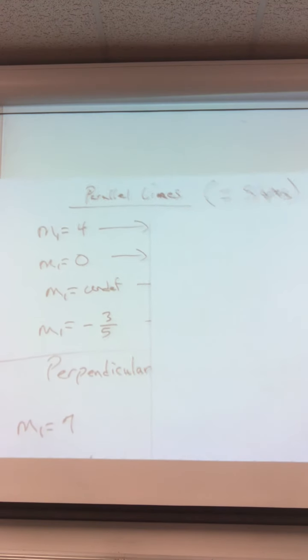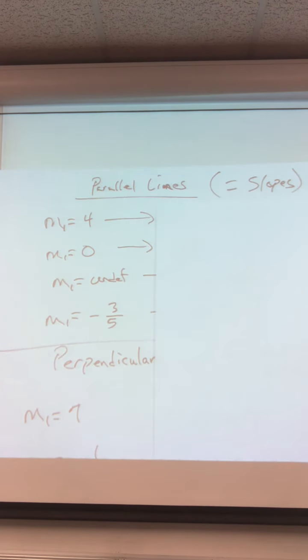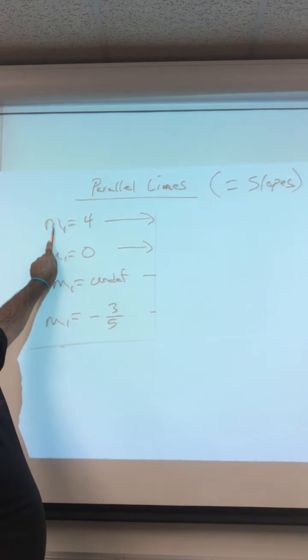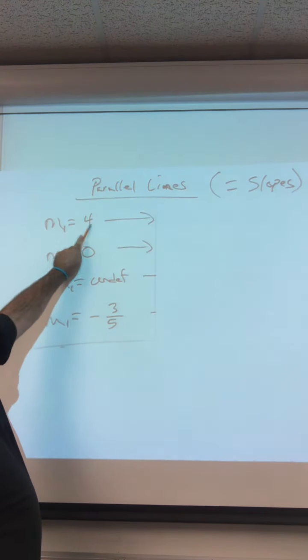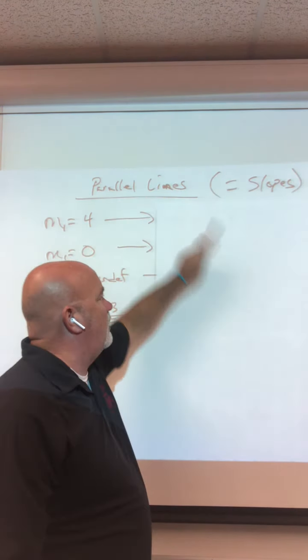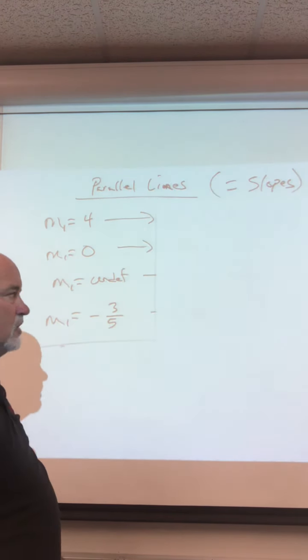So for instance, and you don't have to write this down because it is obvious. Let's suppose I told you that I had 2 lines that were parallel, and that the slope of the first line was 4. That's what M1 means, slope of the first line.